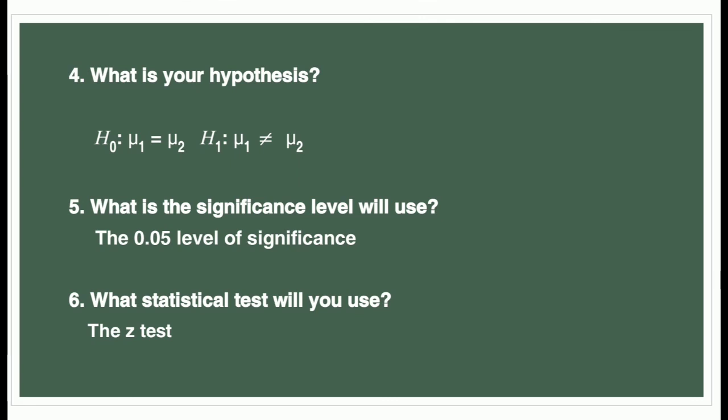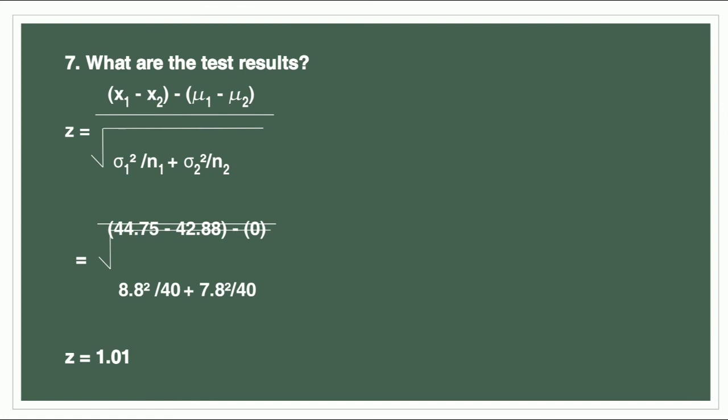The sixth question is, what statistical test will you use? The statistical test we will use is z-test. The next question is, what are the test results? First, we will compute the test result using this formula.